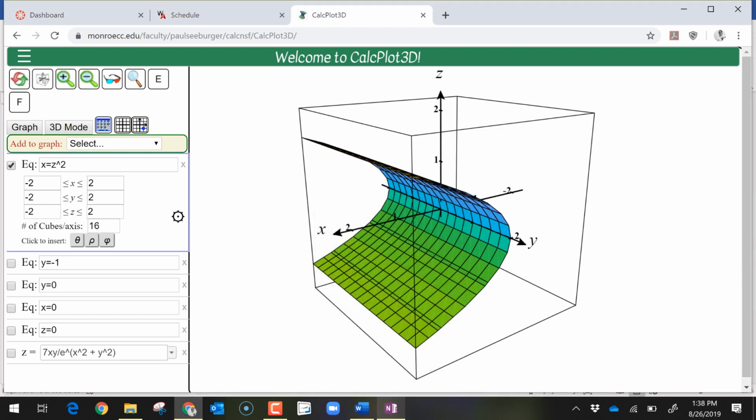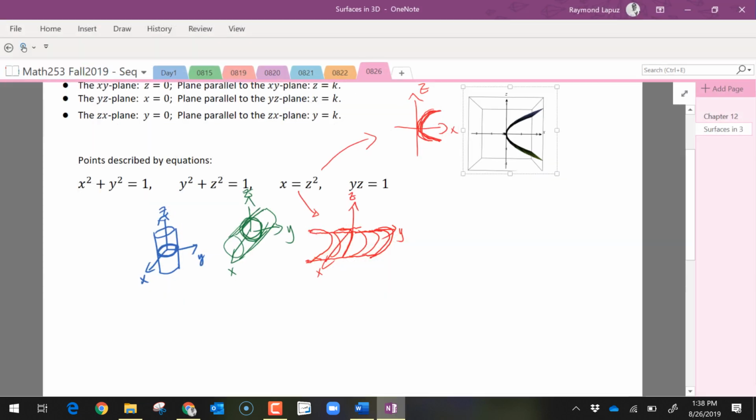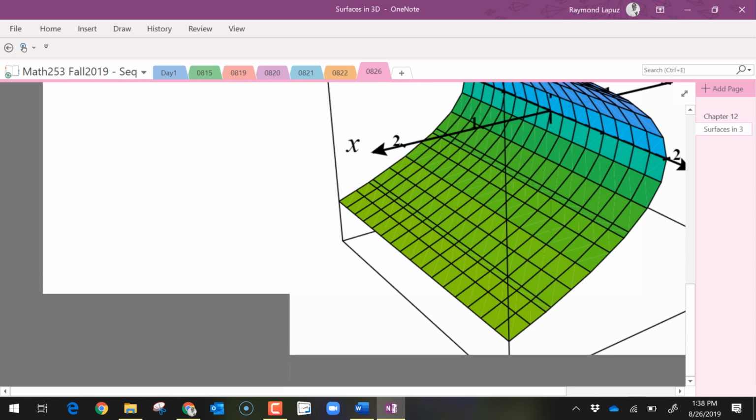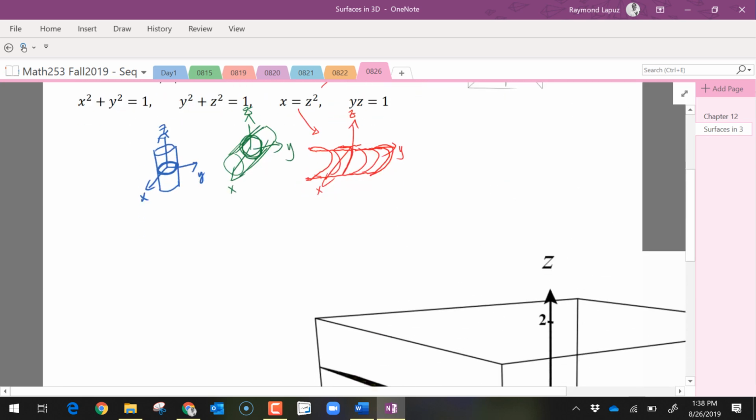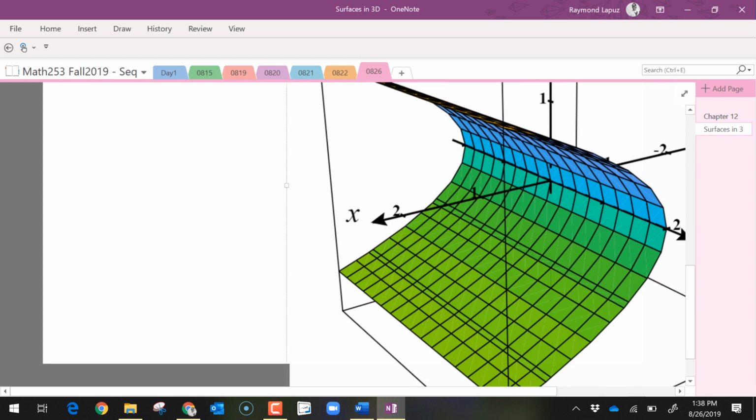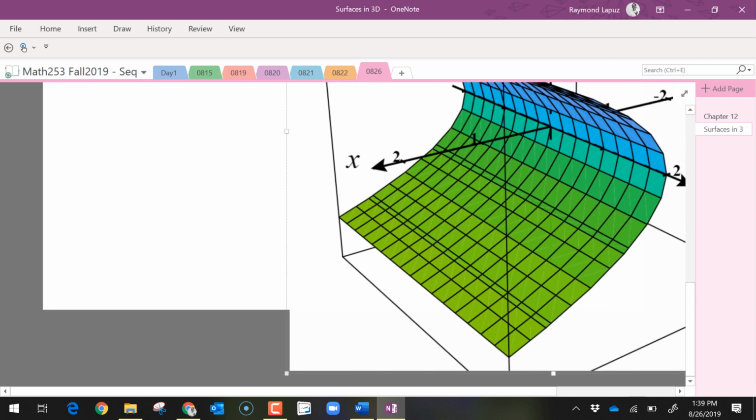All right. How do you think the graph of the last one's going to look like? It's x times z is equal to 1. You probably have to know what the graph looks like first.